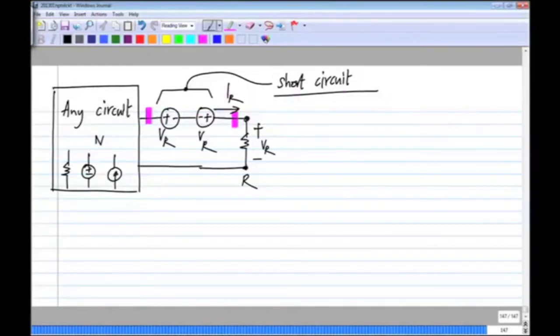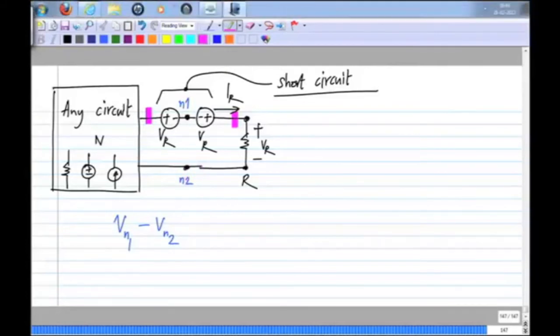Now with respect to some reference voltage, I formed a new node here, let me call these N1 and N2. How will the voltage at N1 be related to voltage at N2? Maybe I will say the value of Vn1 minus Vn2, that is the voltage at N1 minus the voltage at N2. What is this value going to be? Please try and answer this question.